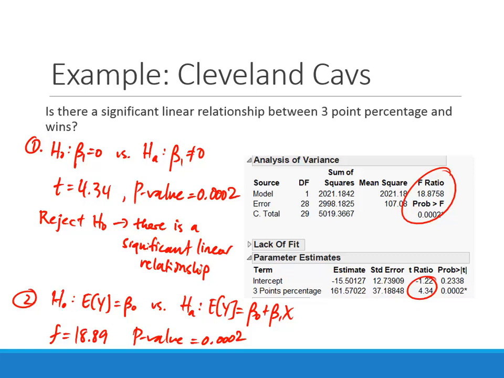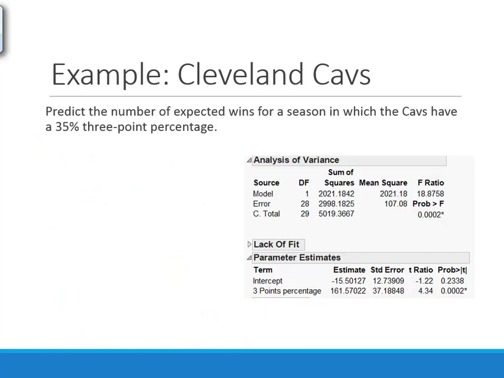Okay, one more thing here. Just to kind of wrap this up, suppose the Cavs are shooting 35% 3-point percentage. How many wins would I expect them to have for a season in which they shoot 35% from the 3-point line? Well, my prediction is just going to be y hat. It's going to be beta 0 hat plus beta 1 hat times 35% or 0.35.